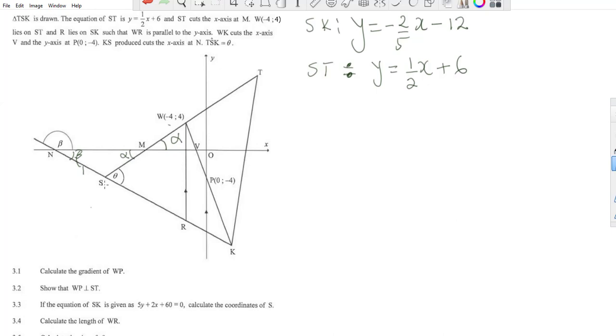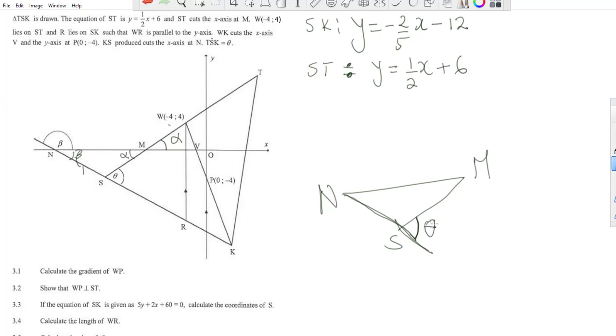Okay? So remember, N, S, M, it's a triangle. We have a triangle like this, S, N, M. This is a straight line passing through S, so this becomes the exterior angle of a triangle.